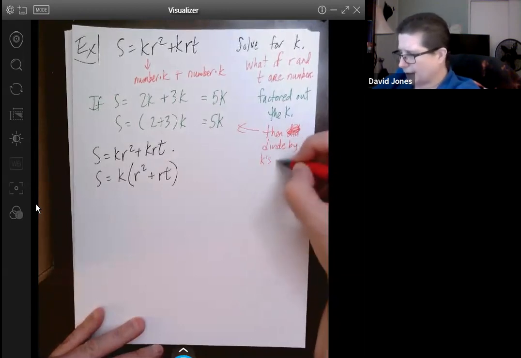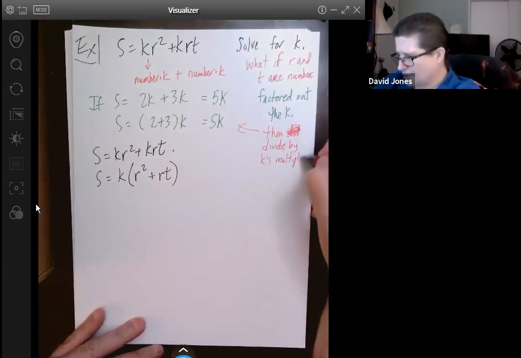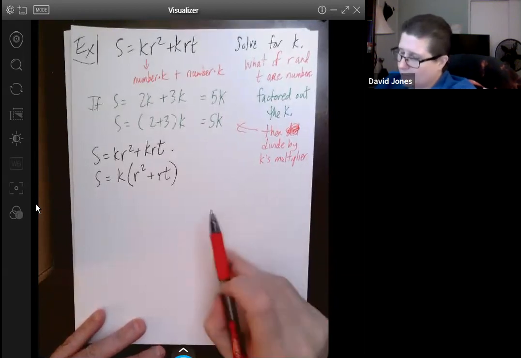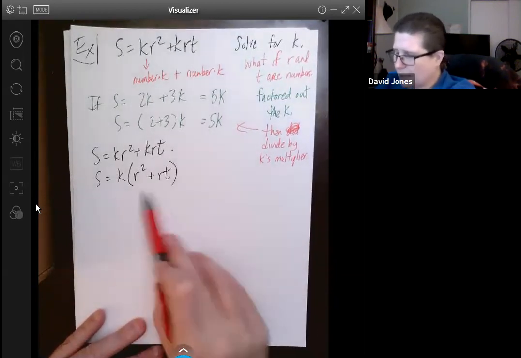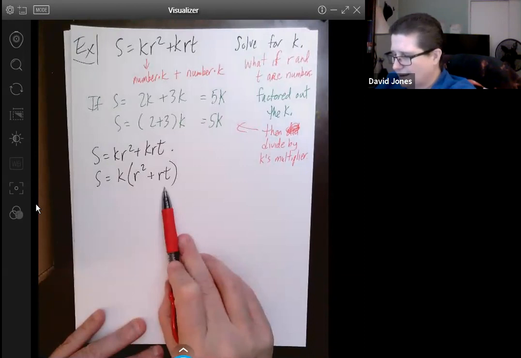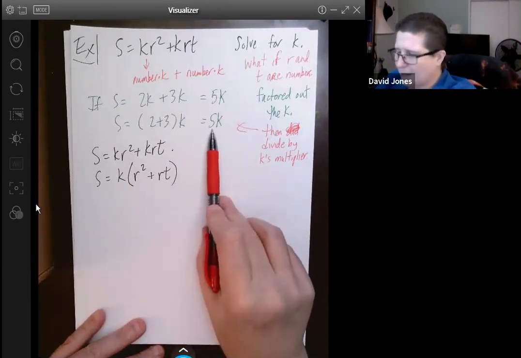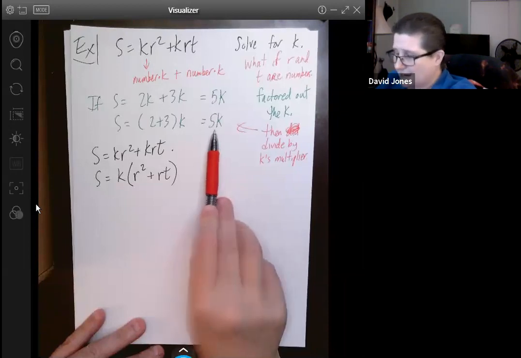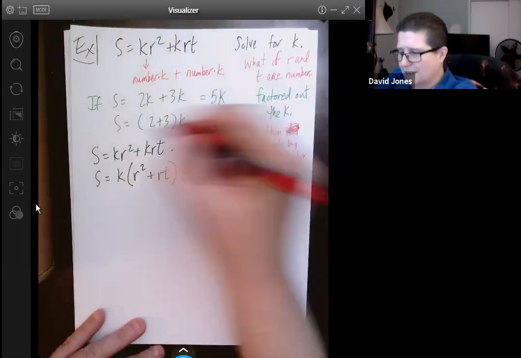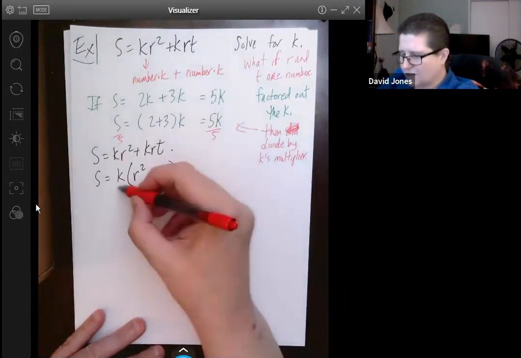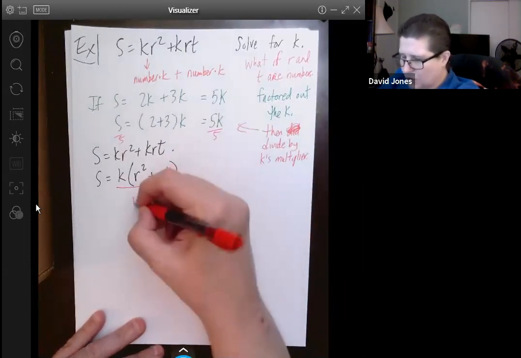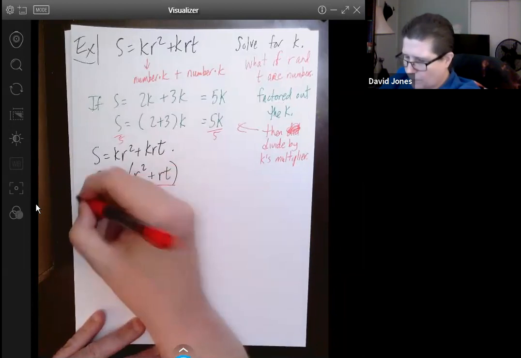k's multiplier. I'm going to say it that way rather than using coefficient. Because right now, what k is multiplied by down here is different than what's here. Here I would divide by 5. So here, instead of it being 5, I'm going to divide by r squared plus rt.